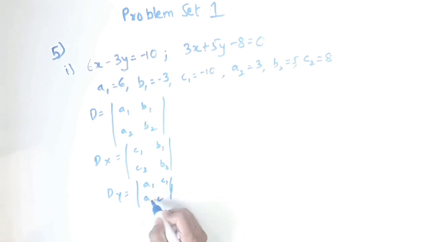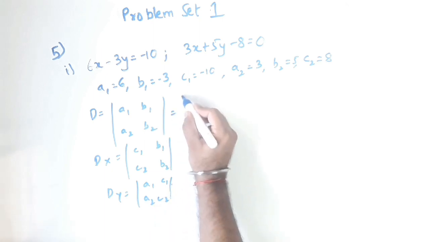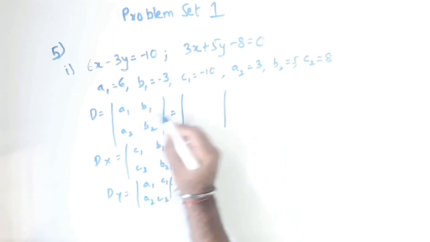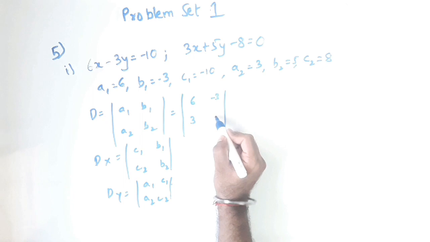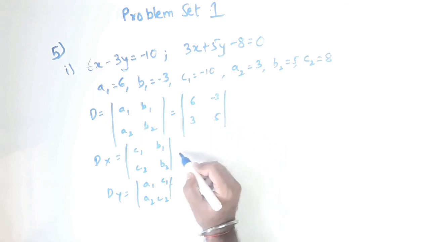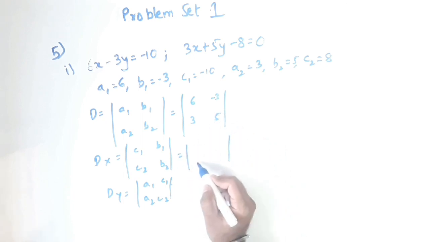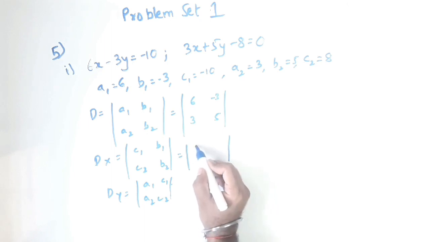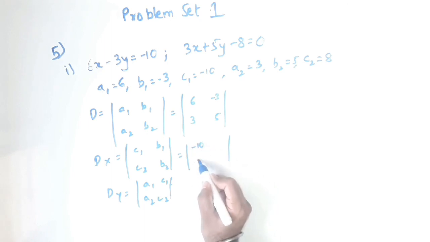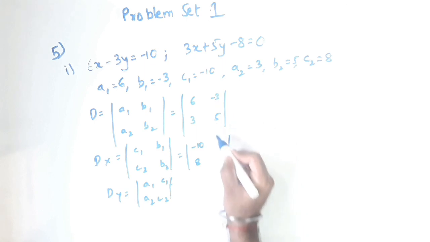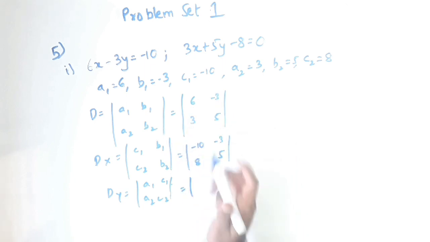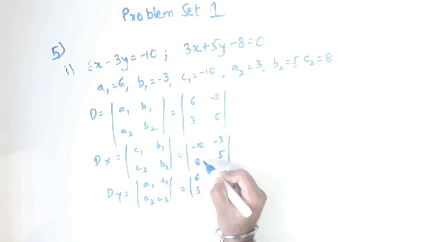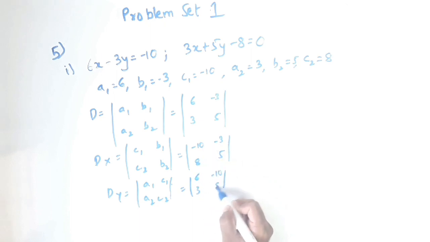So it is A1 C1 upon A2 C2. Now let us substitute. A1 B1 is 6 minus 3, A2 B2 is 3, 5. Then C1 C2 is minus 10, 8, B1 B2 from here I'll copy, minus 3, 5, and A1 A2 I'll copy from here, and C1 C2 I'll copy from here.